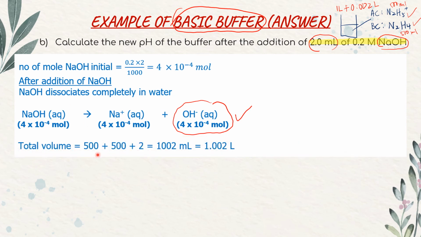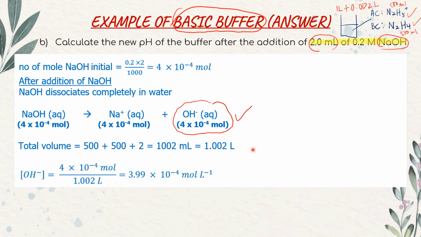So our total volume right now 500 ml plus 500 ml plus another 2 ml is 1002 milliliter, which is 1.002 liter. Okay, daripada kita punya new volume, kita calculate the new concentration of each species. So concentration of OH minus, number of mole over volume. So 3.99 darab 10 negatif 4.